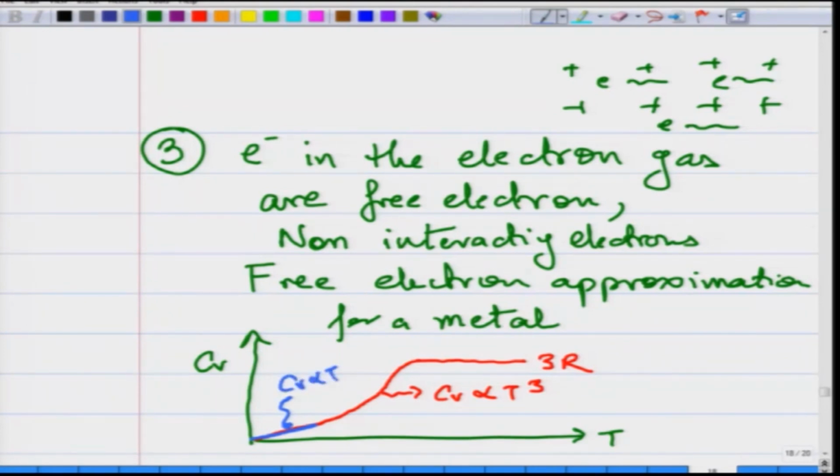This regime where the specific heat behaves linearly with temperature can be explained only if you consider electrons inside the metal are behaving like free particles, non-interacting particles.